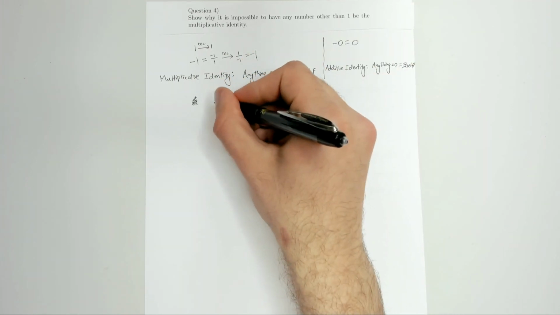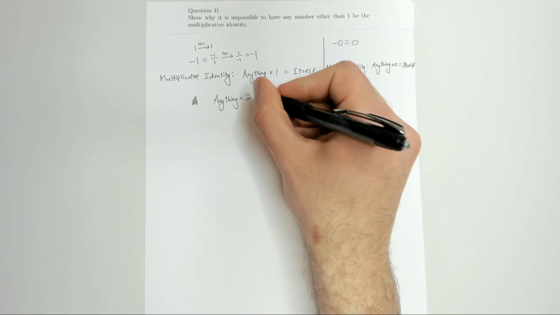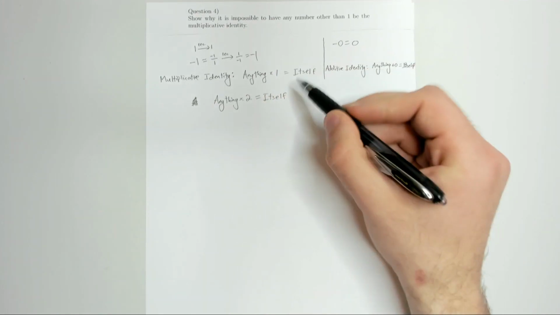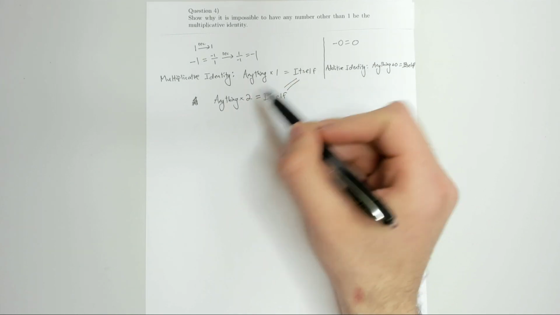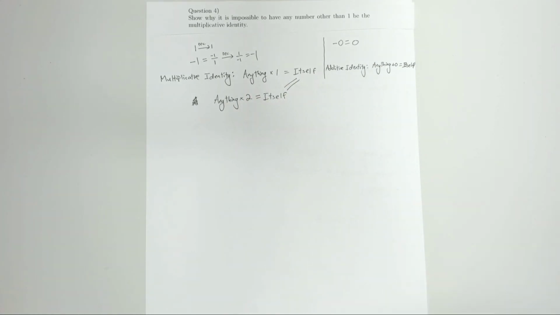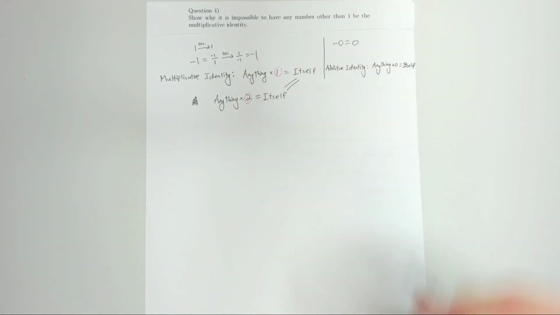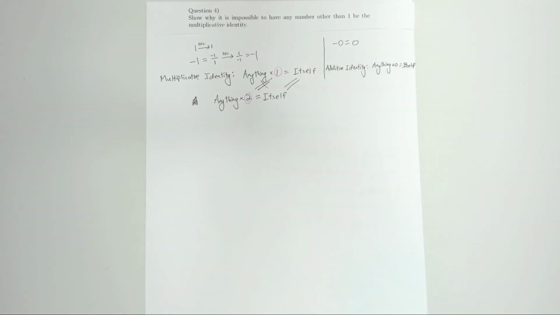If we take anything and we multiply it by 2, and it did equal itself, well, since we get itself for both of these, anything times 1 and anything times 2, and we get the same thing, doesn't that entail that 1 has to equal 2? But that's obviously not true. 1 doesn't equal 2. So this is what we call in math a contradiction. And if we reach a contradiction, that means we did something wrong.